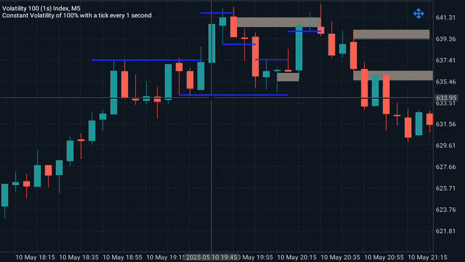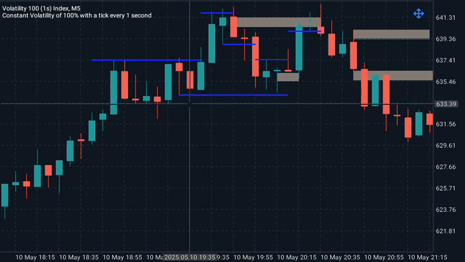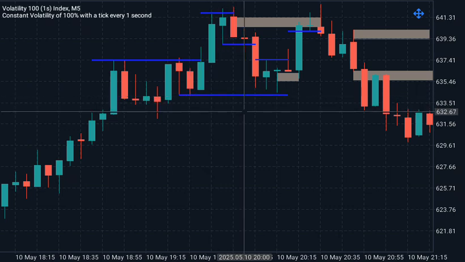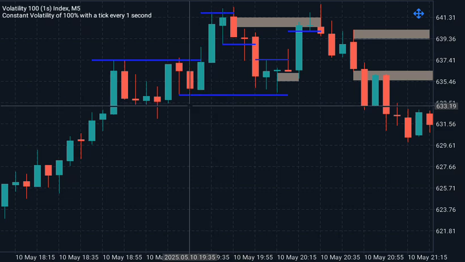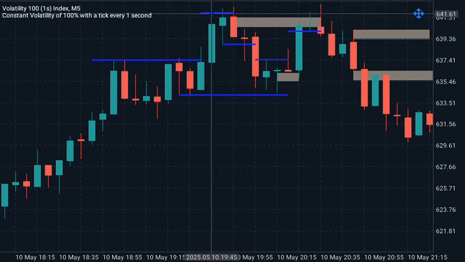So I marked it that once the market broke this low, that means my endorsement has been grabbed, right? Endorsement has been grabbed, and I will be waiting to short or to long the market based on the market reaction. So if I'm waiting to short the market, then that means there won't be a break of this high, right?